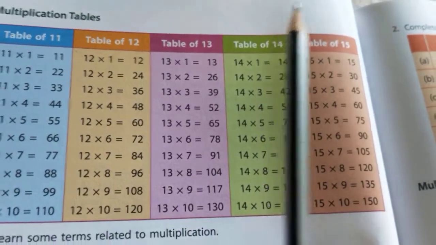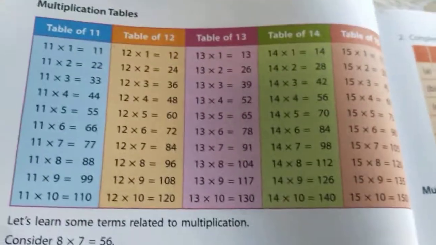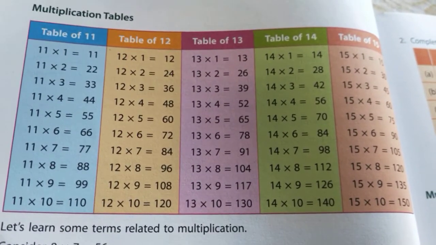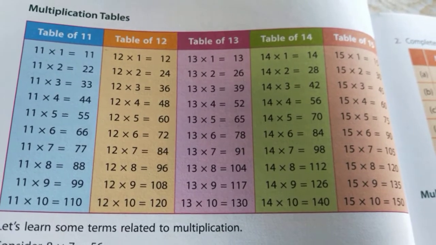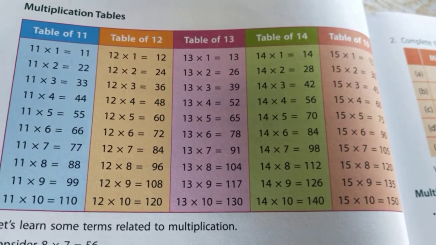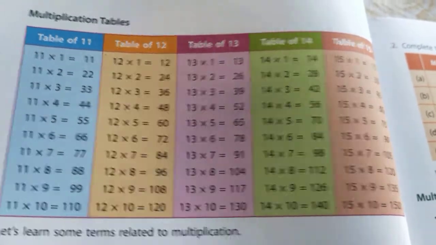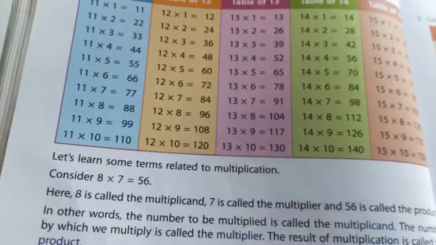In fact, when I had asked you in one of the oral tests, some of you were not able to answer multiplication of 4, 5, 6, 7, 8 and 9 also. So please learn your tables. It is very useful in mathematics if you know your tables.